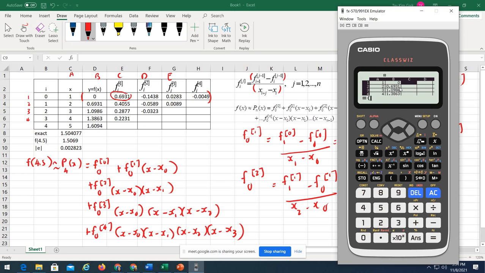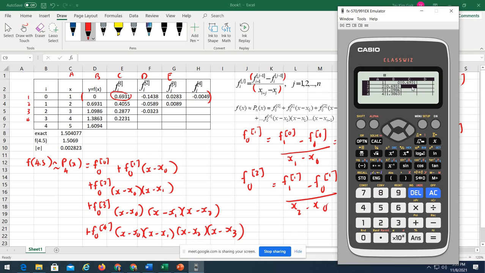So the F10 is stored in the cell column B, row number 2. How to type B? Alpha B and then 2 minus alpha B1. Then divide. So bracket, X1 is stored in A, so alpha A2 minus A1, something like this.